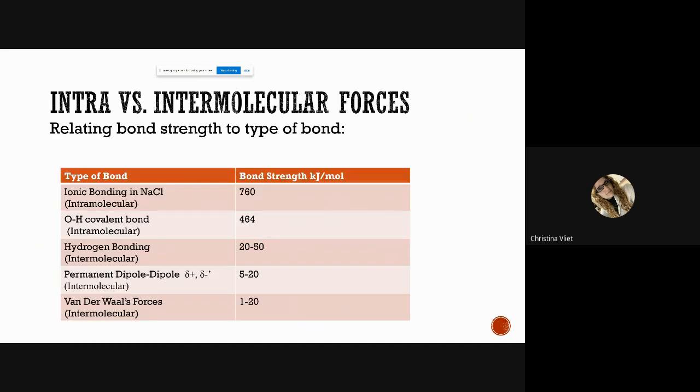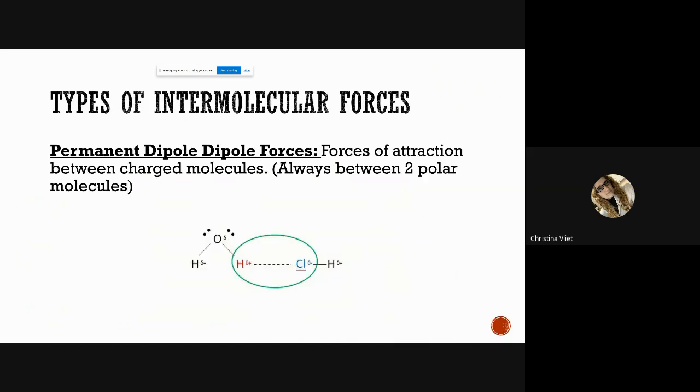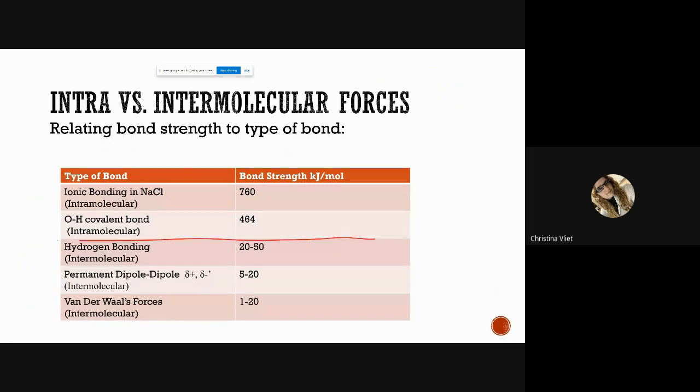So this is a chart that I picked up from the Cambridge textbook. I want you to write a line right here. Write a line right there. Notice at the top it says ionic bonding in NaCl and its bond strength. What do we think of bond strength? What does that mean? What do you think? Like how strong the bond is.